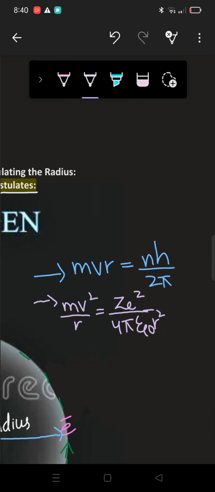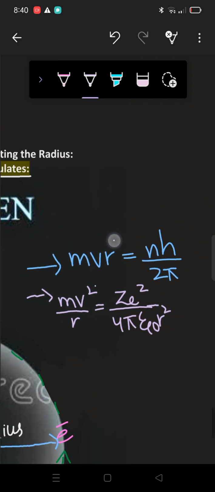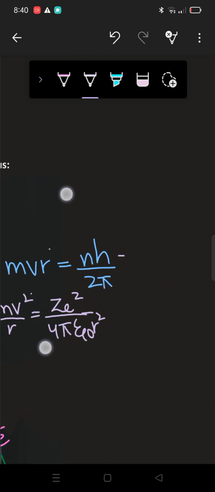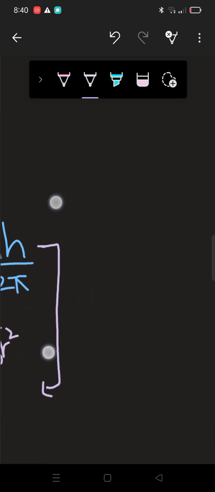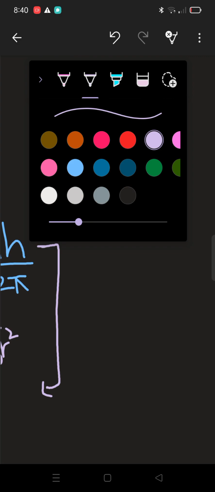Now see, here we have a square, but here we don't have a square, right? So I have to take a square of this. Let me take squaring on both sides, right?